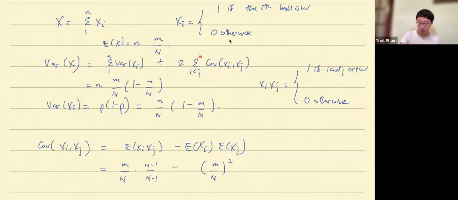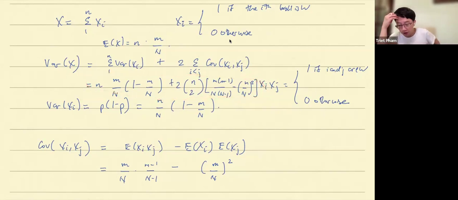There are n choose 2 pairs. So this will be plus 2 times n choose 2 times this lovely thing that we wrote down: m minus 1 over n minus 1 minus m over n squared. So that's the variance of the hypergeometric.